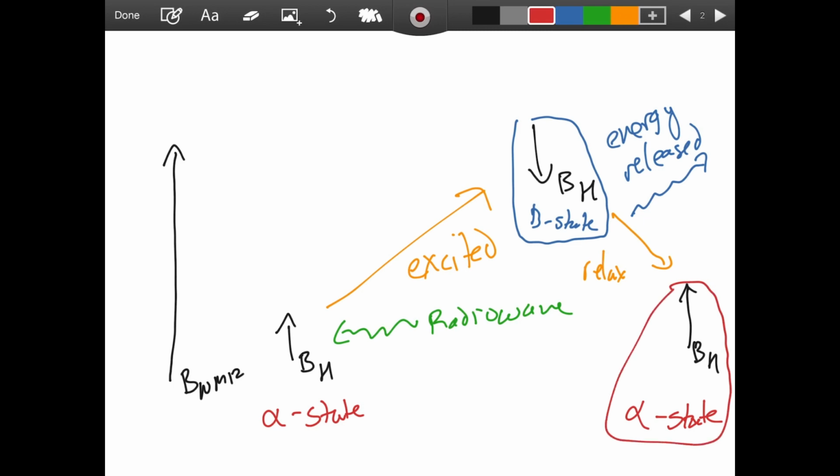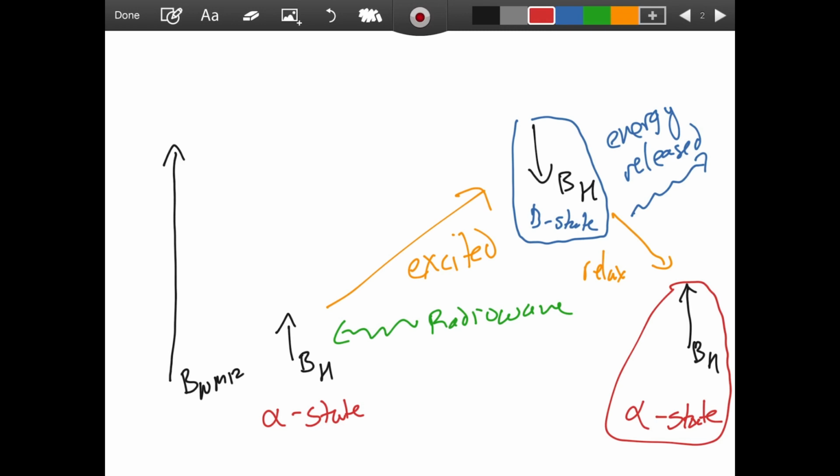So the NMR sees this energy released and observes that, and then that energy is used to generate signals in the NMR. And so the difference in energy between the beta state and the alpha state tells us about the environment that the hydrogen that has been excited and then relaxes back down.